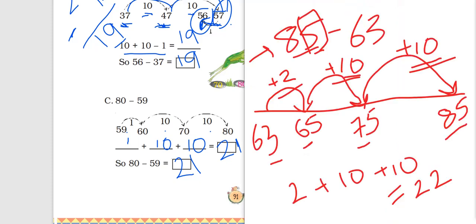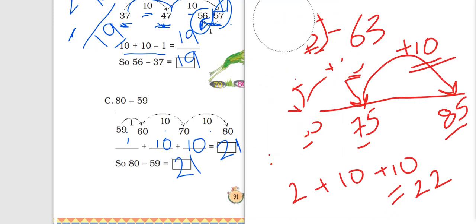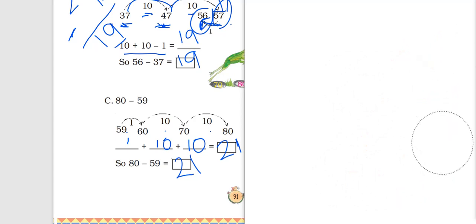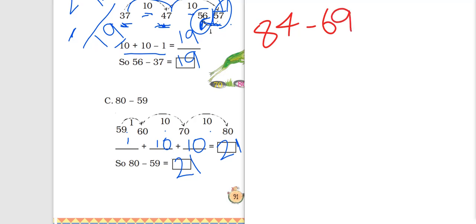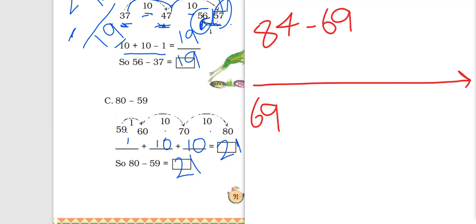84 minus 69. Okay. What should we do here? Let's start with 69, right? And let's go up 10 steps.